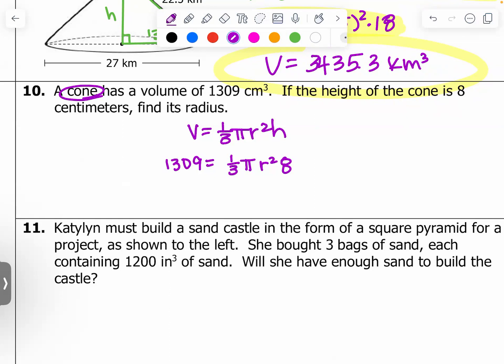You can do one of two things. You can take pi times 8 times 1/3 and figure out that number to divide it over. Or in your calculator, you can literally type 1,309 divided by, put your parentheses and put 1/3 pi 8. That would be fine. But you need to take these numbers and divide them over like Alexa said.